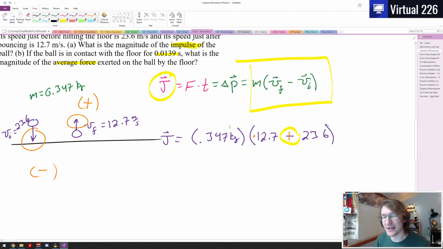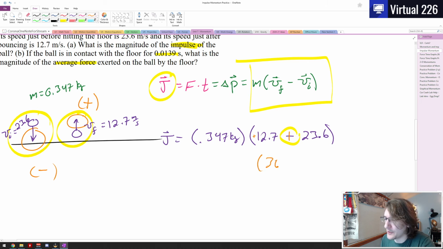It's the thing that everybody tends to make as a mistake the first one or two times they do a problem like this. Don't make that mistake. That's also a huge reason why we drew the picture here, because the picture shows us the magnitude and the direction. So let's work this out. We'll do the addition of 12.7 and 23.6 first. 12.7 plus 23.6 gives us 36.3.